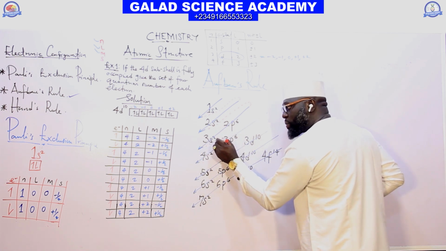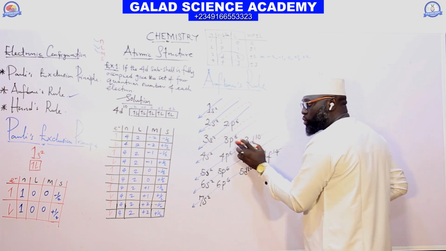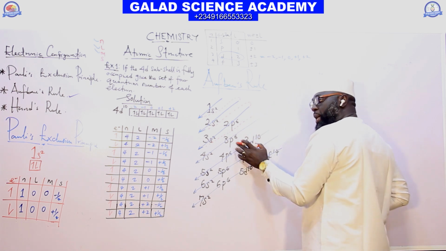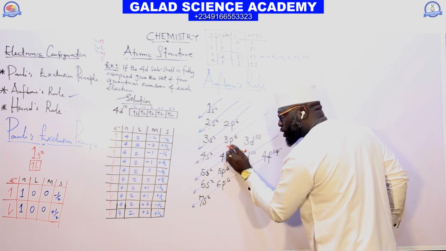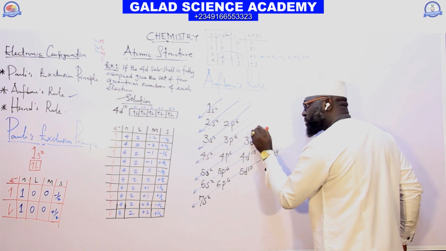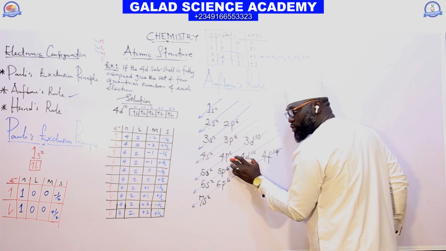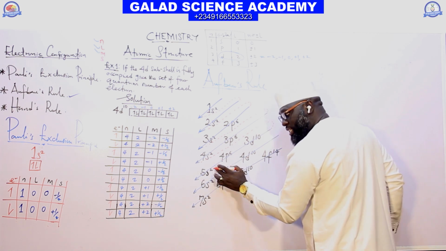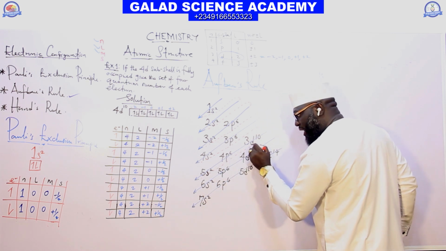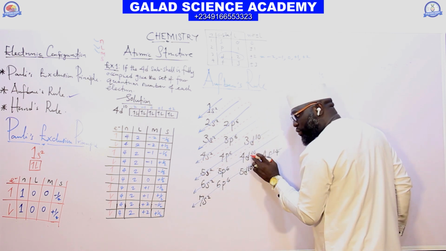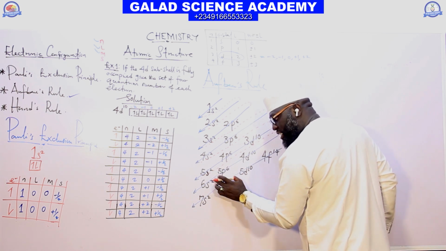You now come back from 3s2 again to this side. This is 3p6. After 3p6, you take 4s2. After 4s2, you need to come back again to 3d10, 4p6, 5s2. You now need to come back like this: 4d10, 5p6, 6s2.